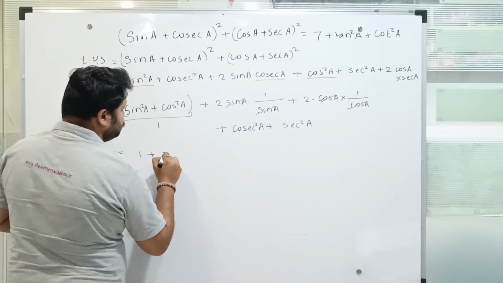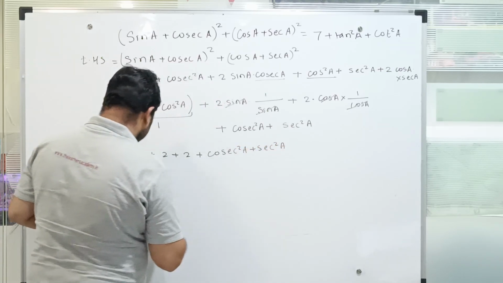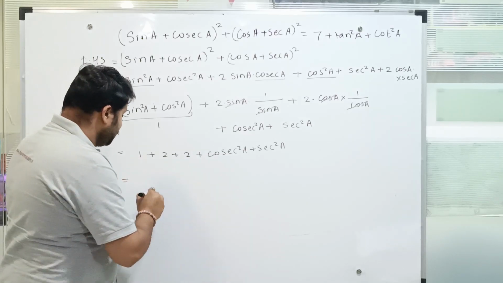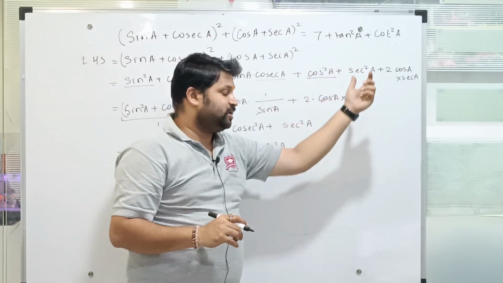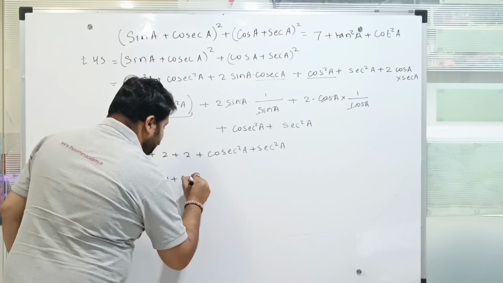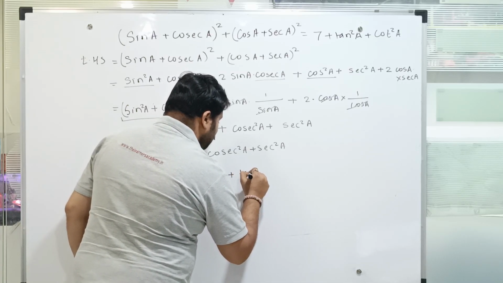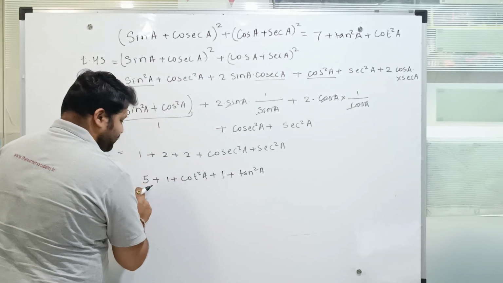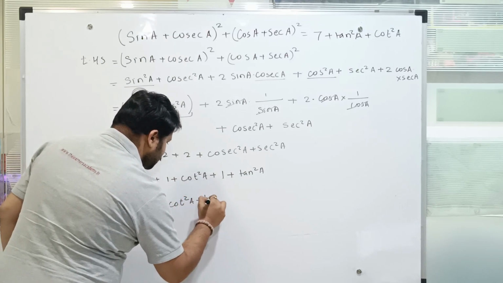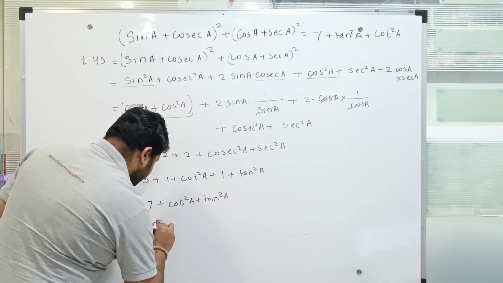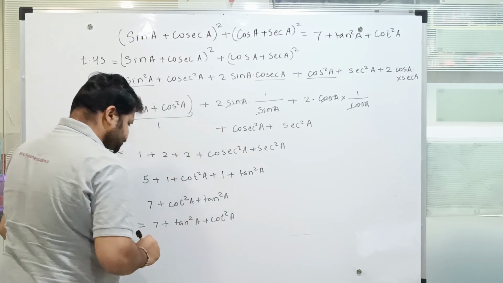So I'd be left with 1 plus 2 plus 2 plus cosec square A plus sec square A. Now further I can just add these and get 5 plus cosec square A plus sec square A. Since I have cosec and sec squares and I need tan and cot, I can replace cosec square A as 1 plus cot square A and sec square A as 1 plus tan square A, giving me in totality 5 plus 1 plus 1, so that's 7 plus cot square A plus tan square A. If I rearrange it, it is 7 plus tan square A plus cot square A, and that is equal to my RHS.